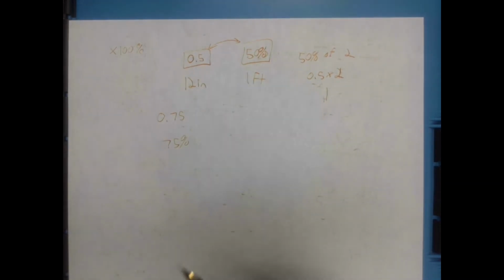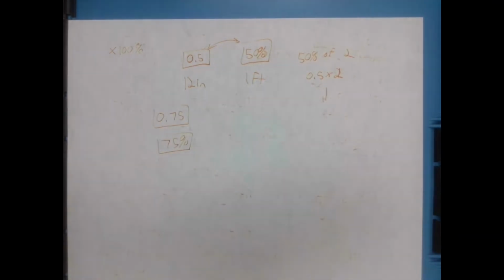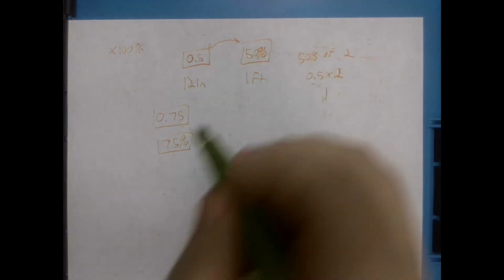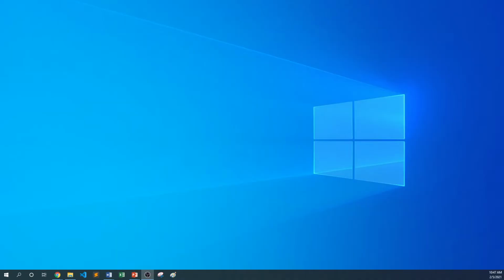I hope it doesn't confuse you too much, as these are just two ways of saying the same thing. 0.75 and 75% is the exact same thing, just as saying 12 inches versus 1 foot. I just hope that doesn't confuse y'all too much. To me, I will use it interchangeably because it's the same number.